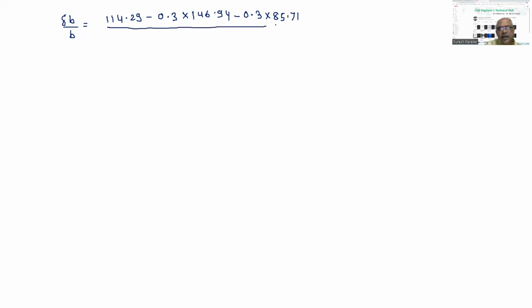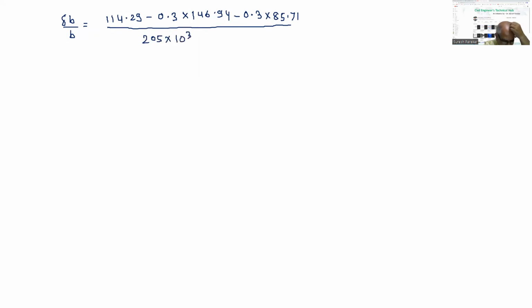So delta B by B equals 114.29 minus mu sigma 1, 0.3 into 146.94, minus 0.3 into 85.71, divided by 205 × 10^3.